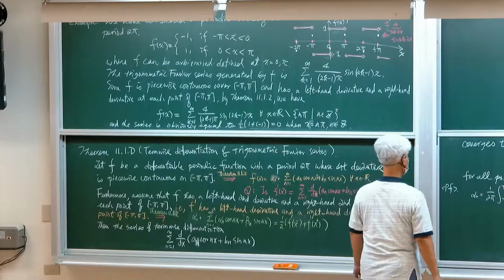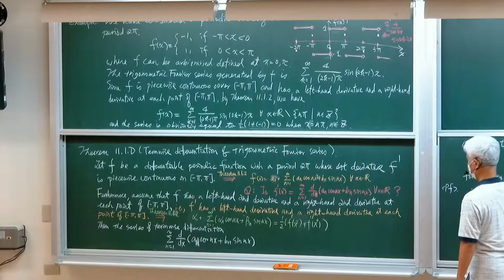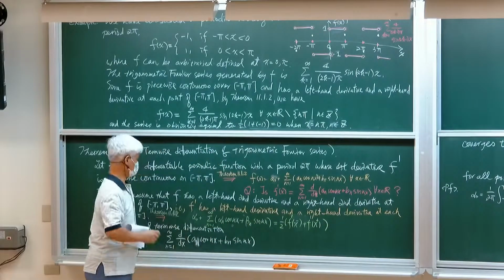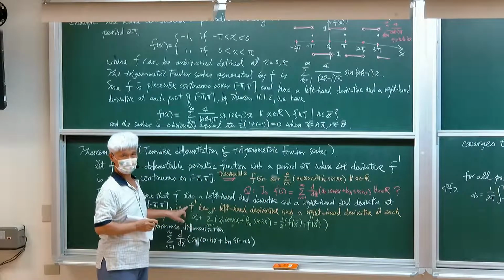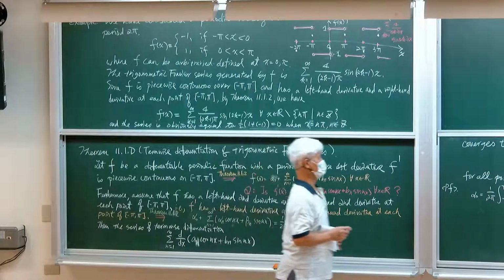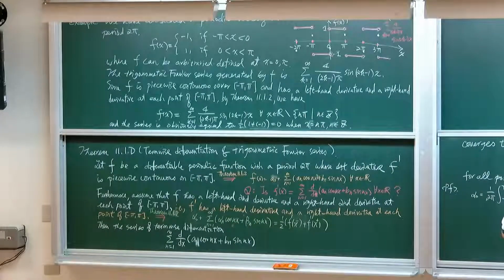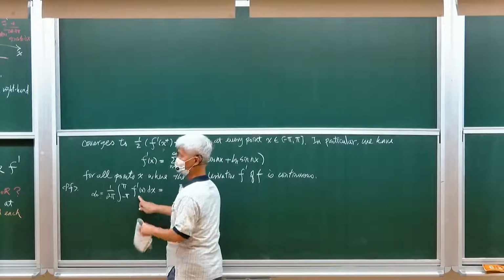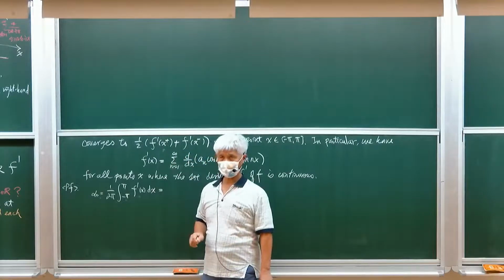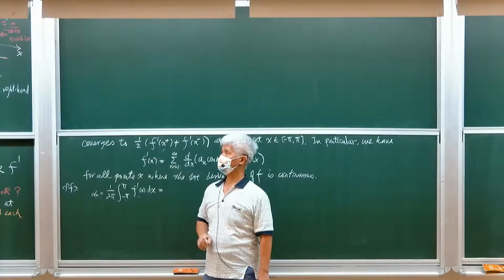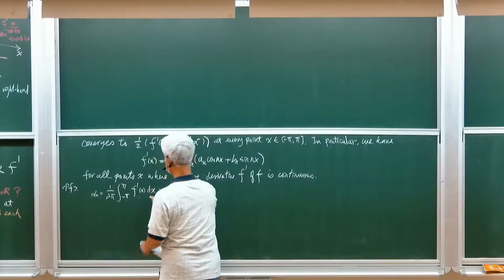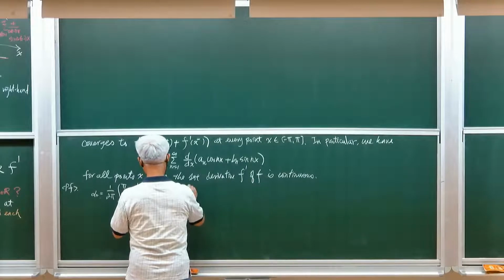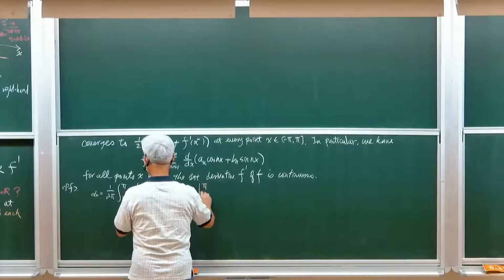And this trigonometric Fourier series is generated by f prime. And we will see that alpha 0 is equal to the integral. By the second fundamental theorem of calculus, we know this is f of x evaluated from minus pi to pi.